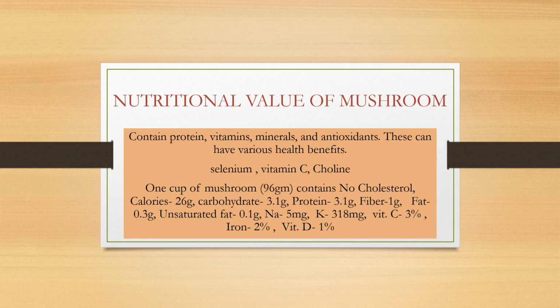Next we see the nutritional value of mushroom. It contains protein, vitamins, minerals and antioxidants. This can have various health benefits. For example, antioxidants are chemicals that help the body to eliminate free radicals.